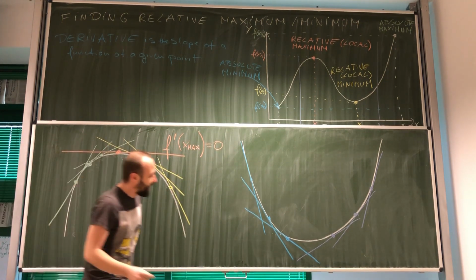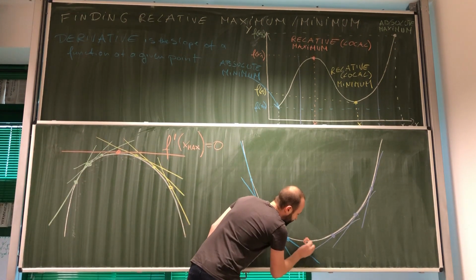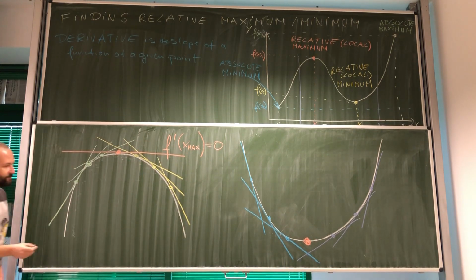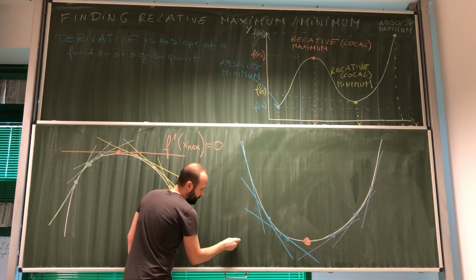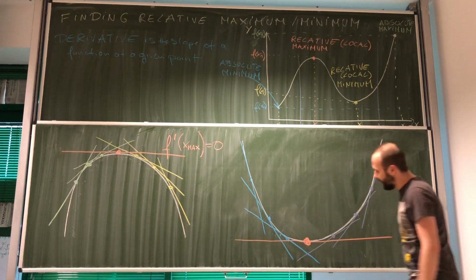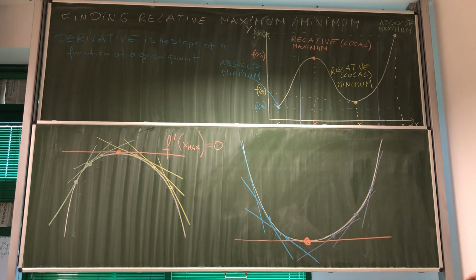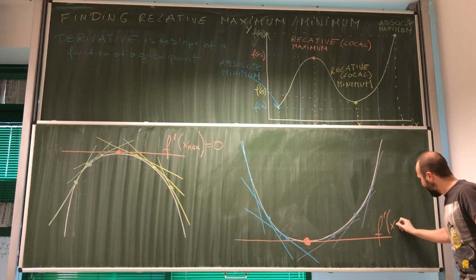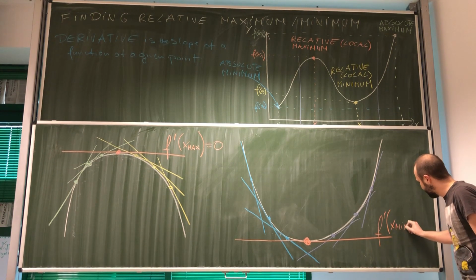So what will I have at the point that is at the very bottom? Again, the slope of the tangent line is 0. So we get the derivative at point x minimum this time.